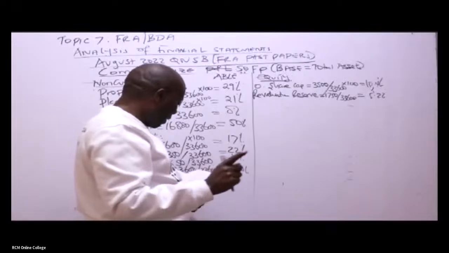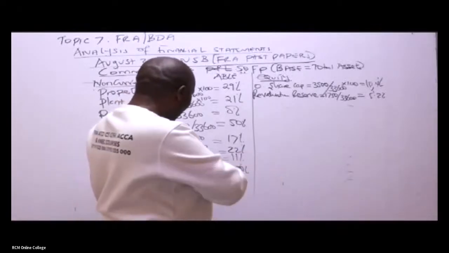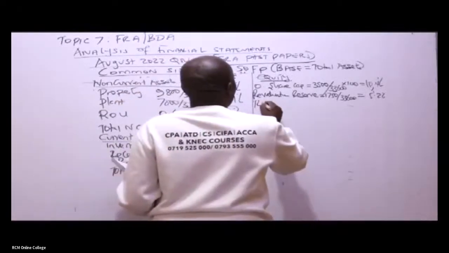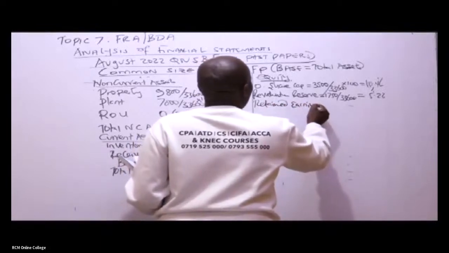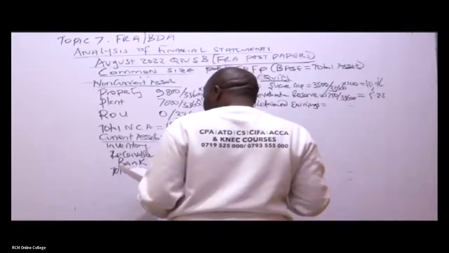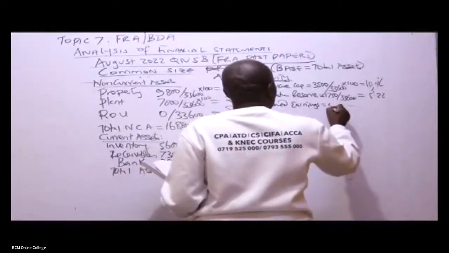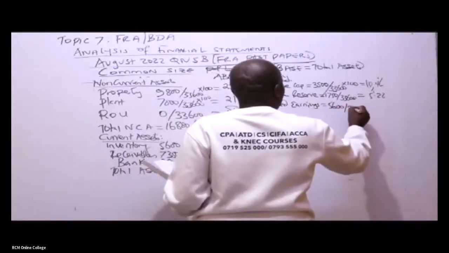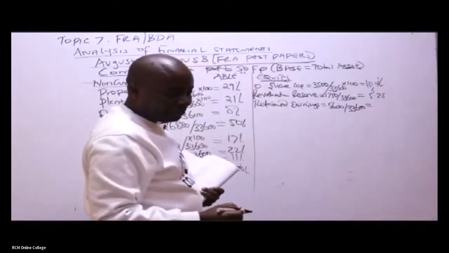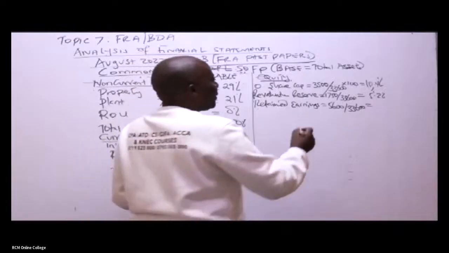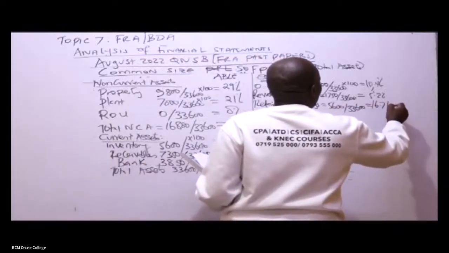You must round off to a good number of decimal places because of our accuracy. Then, ladies and gentlemen, I can see I have retained earnings. Retained earnings, 5,600. We divide by 33,600. What figure are we getting here? 16.7%. Thank you so much.